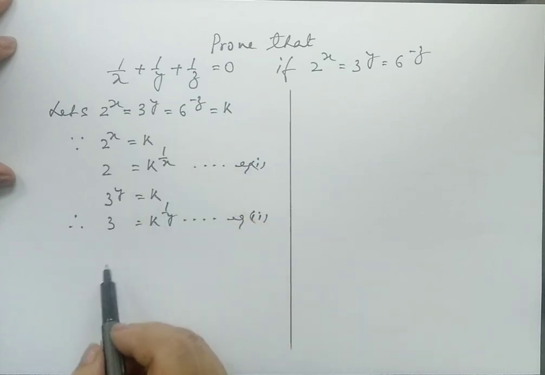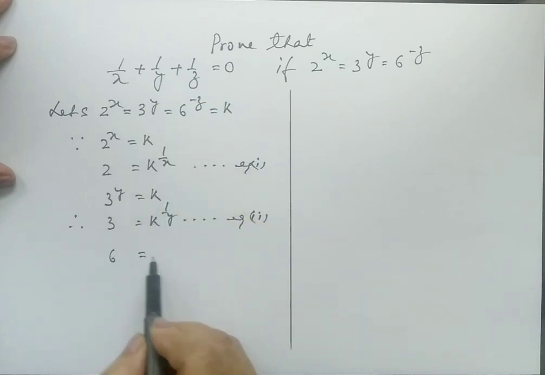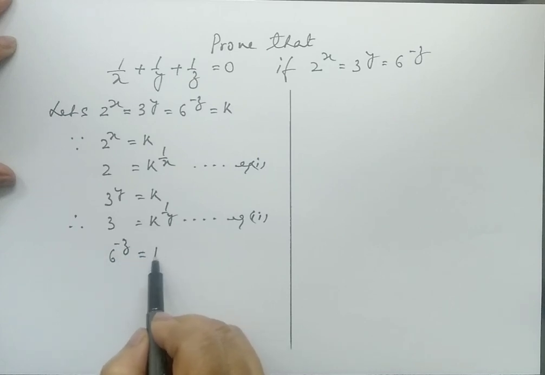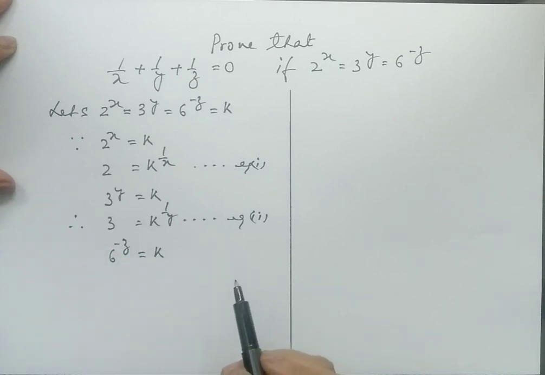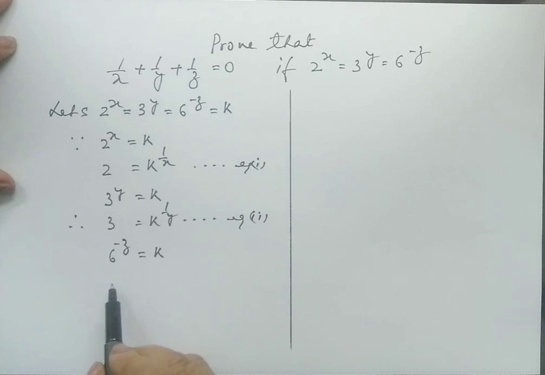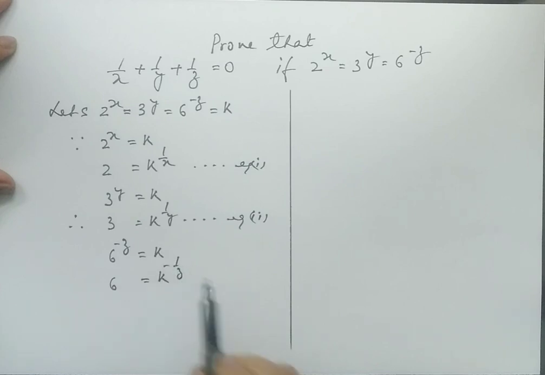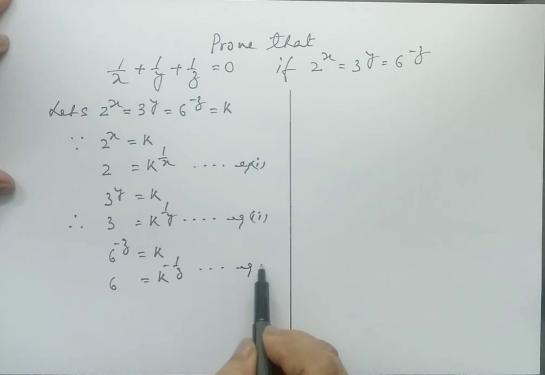What about the last one? Of course, we do the same thing to that too. So we have this equals to k, which means 6 is equal to k to the power minus 1 by z. Alright? This is my equation 3.